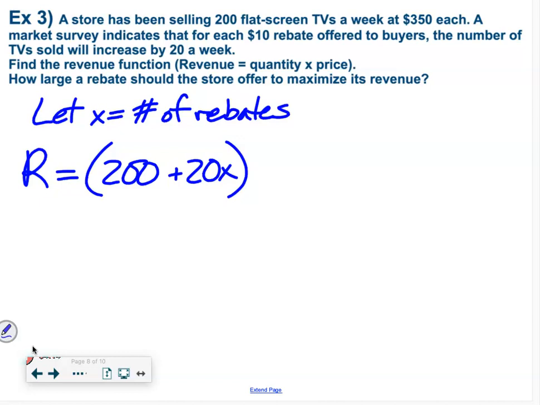So there's our quantity. Now we need to figure out the price per TV. What do the TVs start at? $350. But this rebate is essentially reducing the price. Each rebate that we give away means we have to reduce the price of the TVs by $10. So our price would be $350 minus 10x.